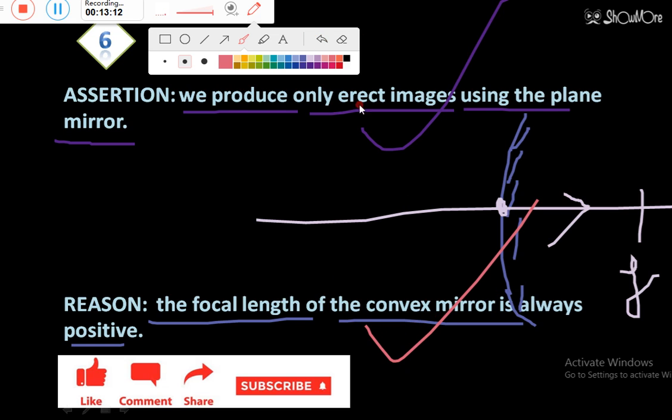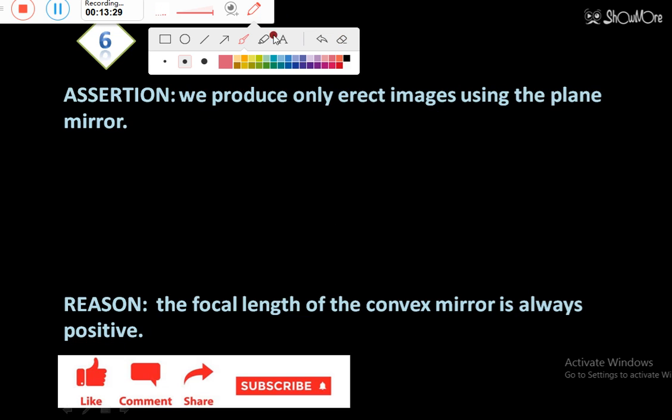So both are right, but there is no connection between assertion and reason. This is talking about the convex mirror, and in this assertion he is talking about the plane mirror. So there is no link between the assertion and reason. So in this case the answer will be, both assertion and reason are true, but reason is not the correct explanation for the assertion.